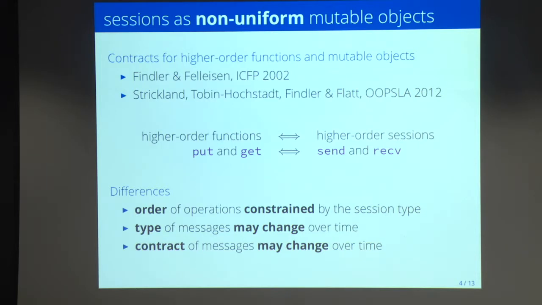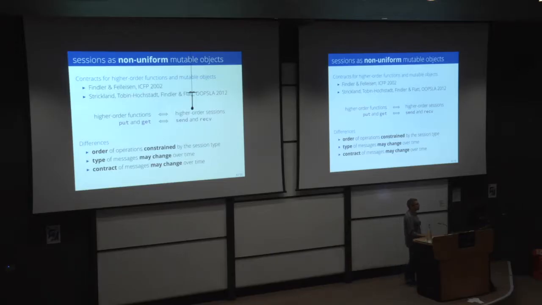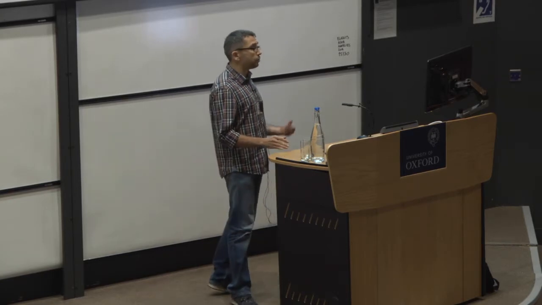So in these two papers, contract systems are studied for higher order functions and mutable objects. And the reason why these works are connected with ours is that there are striking analogies between functions, mutable objects, and sessions. So just as you can have higher order functions, you can have higher order sessions.